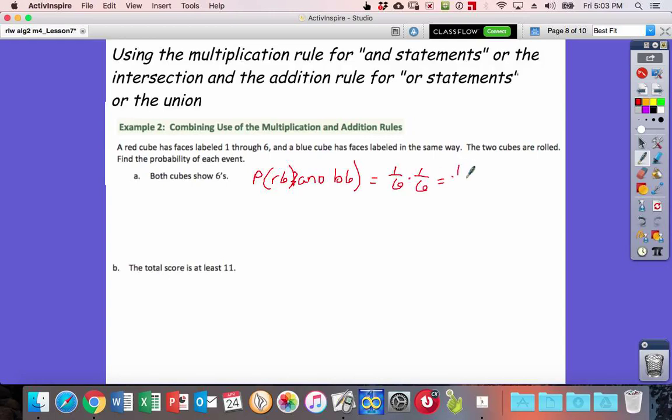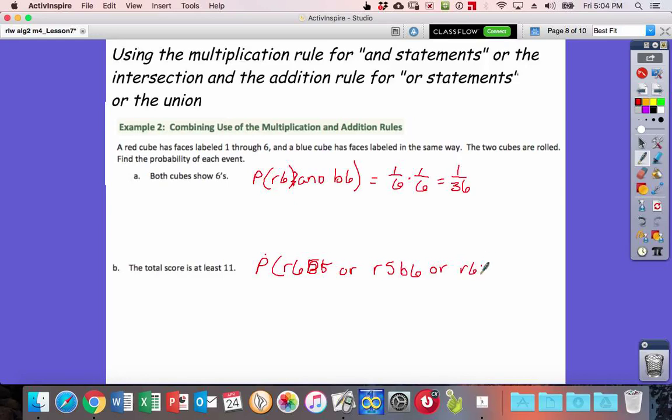and I get 1/36. Now if the total score is at least 11, then that means the probability that the red is 6 and the blue is 5, or the red is 5 and the blue is 6, or they're both 6.